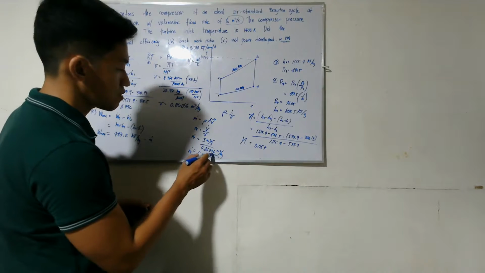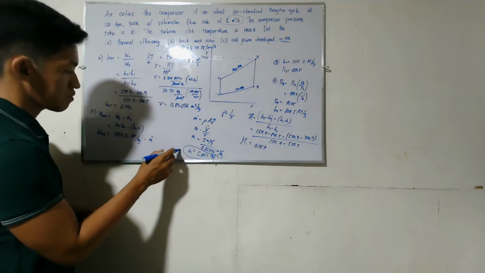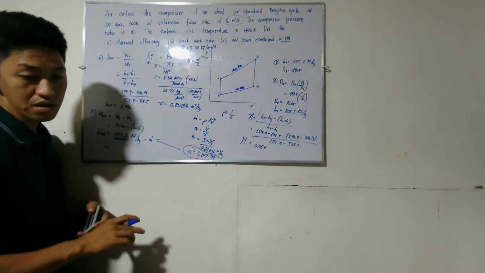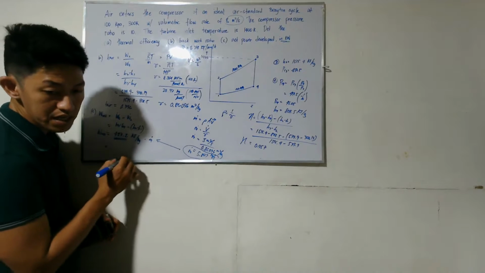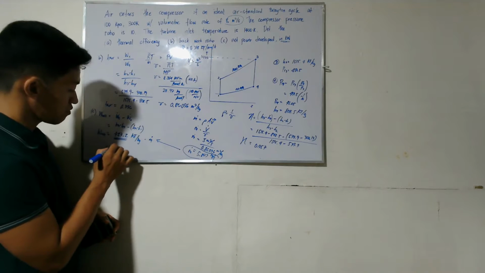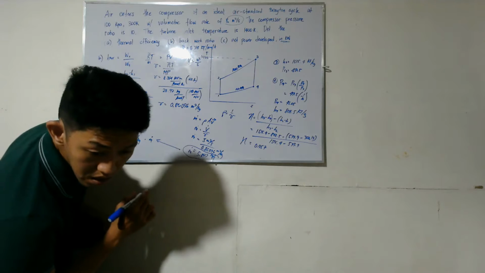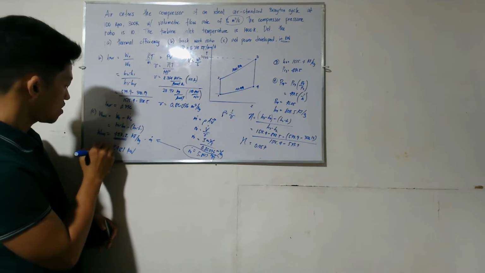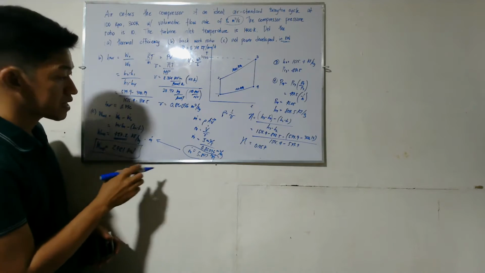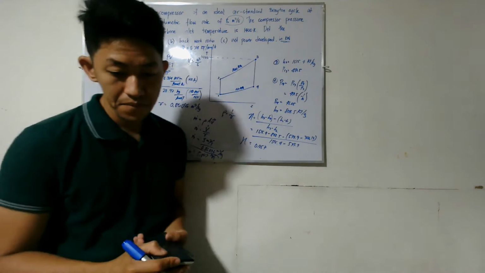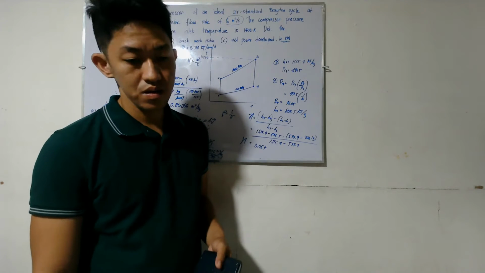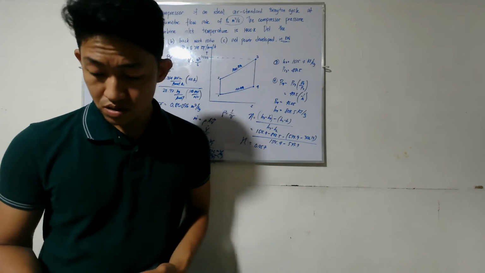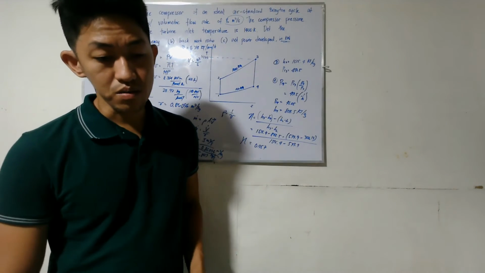And then, since you have the mass flow rate, multiply this one by the net work, therefore the net work will be 2,481 kilowatt. Anyway, it is just a multiplication. So, that's it. There are plenty of examples in the book. Just go over those examples.